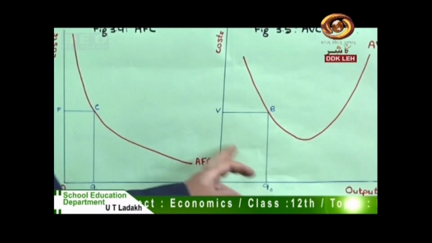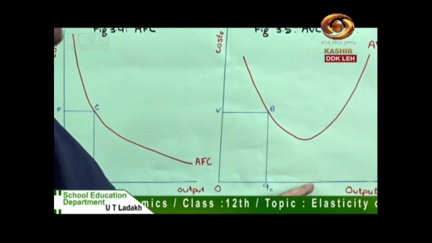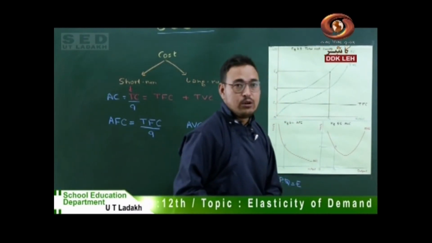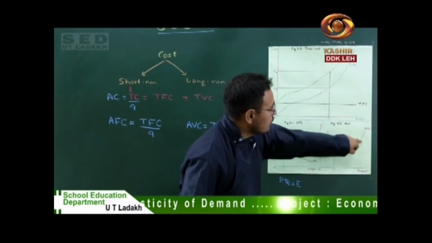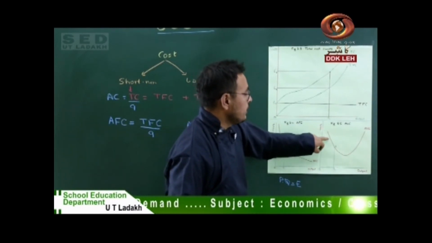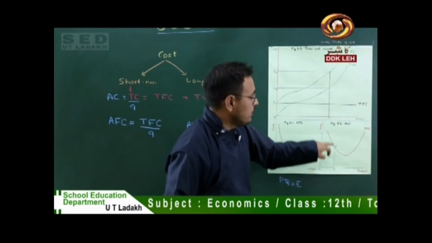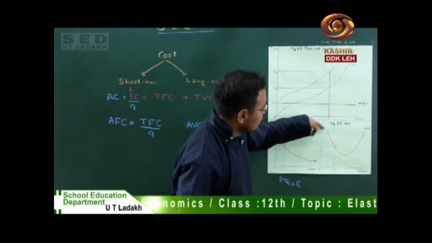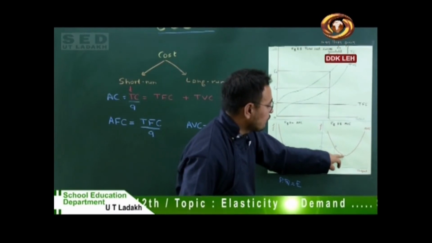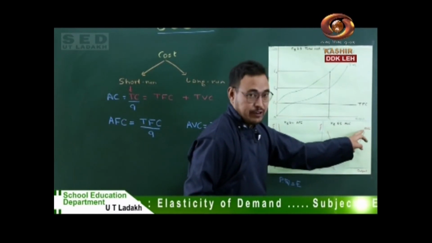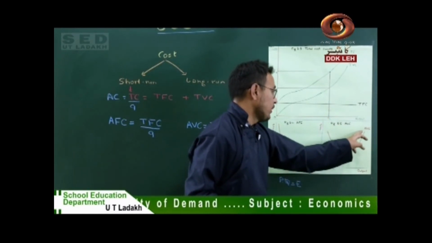It will give you the total variable cost at, hypothetically, say Q1 unit of output. Again, when we look at the shape of average variable cost, it will be like a U shape. Initially your average variable cost will decrease, and after some point it will increase. So it's like a U shape.